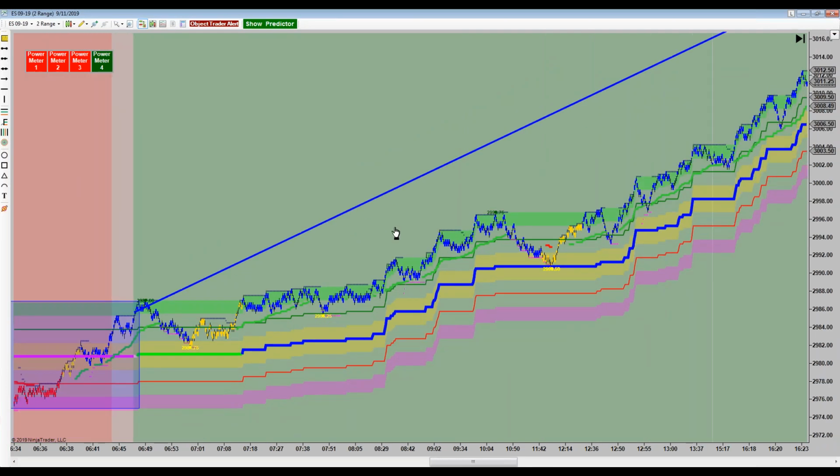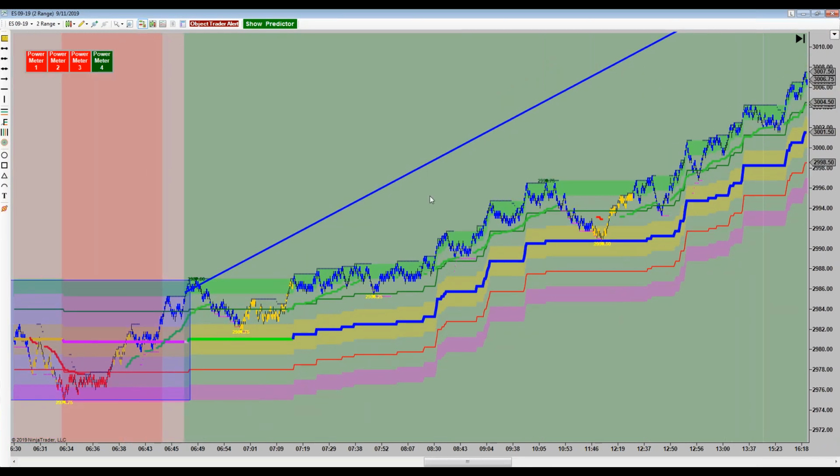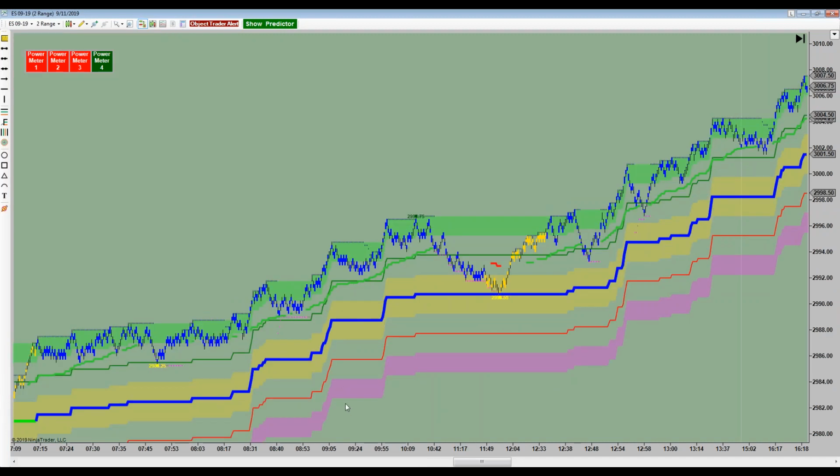Let's start with the long side first. Okay, and let me illustrate it this way right here. Now I'm going to describe to you 3 types of long trade entries, and then we'll discuss on each one of them where proper placement of stops and targets would be located.